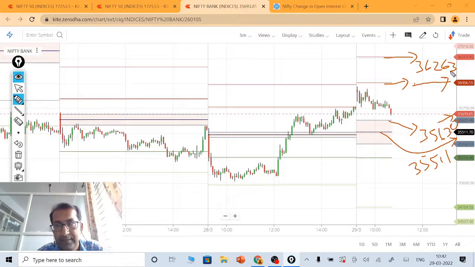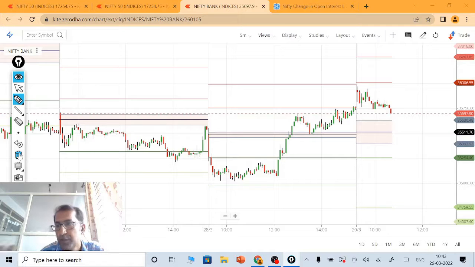The market can test the pivot, that is 35,511. If the market is not able to sustain above the pivot level of 35,511, then if there is any candle below it, you can sell for a target of 35,254.